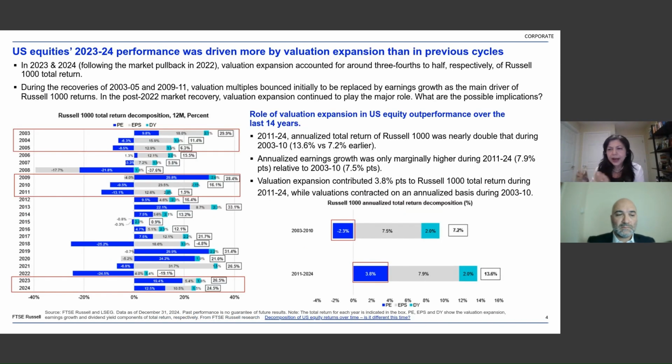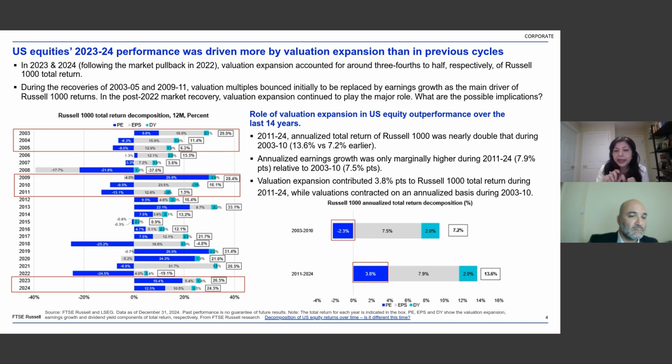And a little more deep dive into what caused this exceptional outperformance. We break up the returns each year, starting 2003 till 2024, into the three components: earnings growth, valuation changes, and the dividend yield. Look at the chart on the right. In the interest of time, what I want to point out is if you break it into two time periods, 2003 to 2010 and 2011 onwards, the returns of the Russell 1000 on an annualized basis almost doubled, from north of 7 percentage points to north of 13 percentage points.